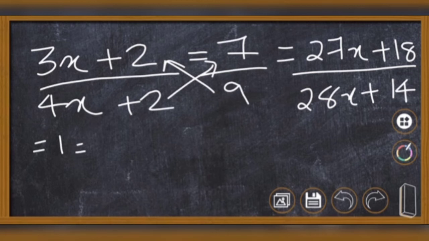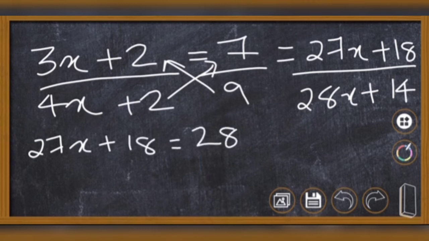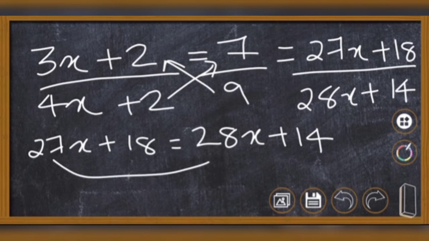So when we take the x values to one side and the numerical values to the other side, 27x plus 18 is equal to 28x plus 14. We'll take the x variables to one side, that is 28x minus 27x is equal to 18 minus 14, that is 4.